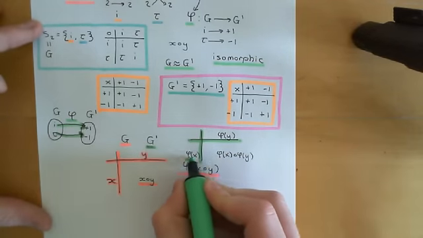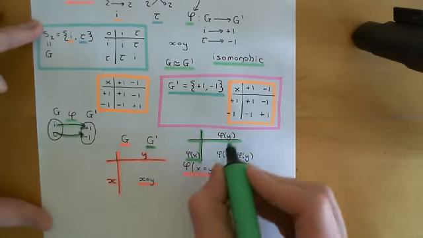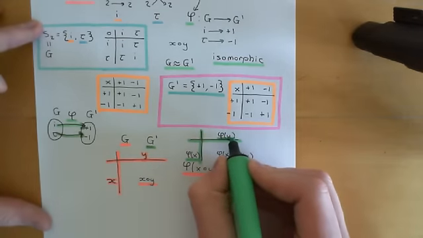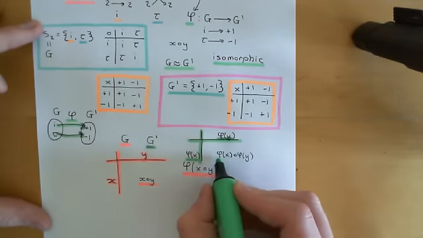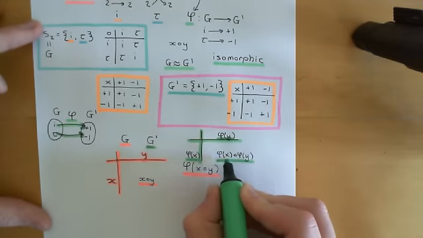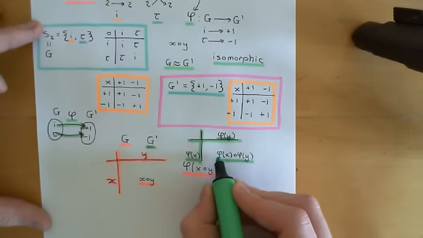Now, what is my analogous entry in my composition table over here? Well, we know that little x is mapped onto phi of little x, and little y is mapped onto phi of little y, and in the composition table over here, phi of little x composed with phi of little y is going to be the answer.